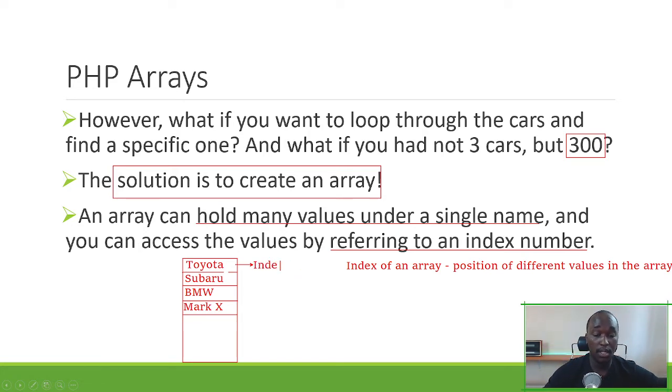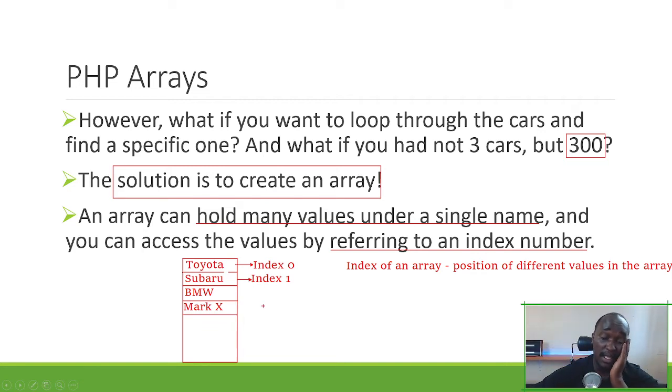That is not an O, it's a 0, and then this one here, index 1, and so on and so forth. So the most important thing to remember is that the indices begin from 0 and not from 1. So Mac-X here is on index 3.